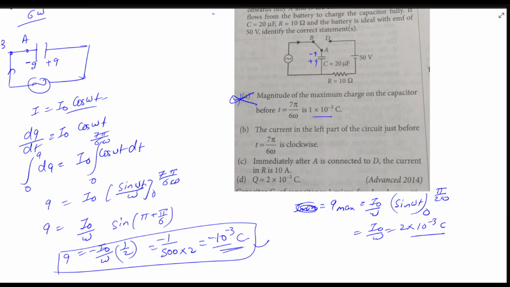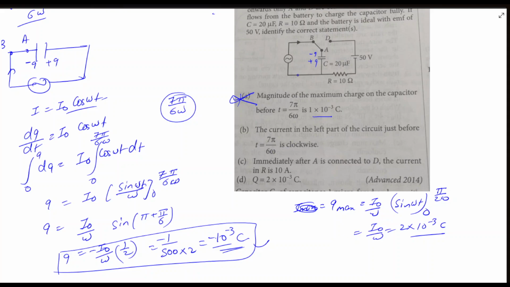But what will be happening is that before this time, 7 pi by 6 omega, there was a time where the charge becomes 2 into 10 raised to power minus 3. Then charge starts to decrease, then the opposite starts to accumulate. So this is absolutely wrong. Now, the current in the left part of the circuit just before this is clockwise.